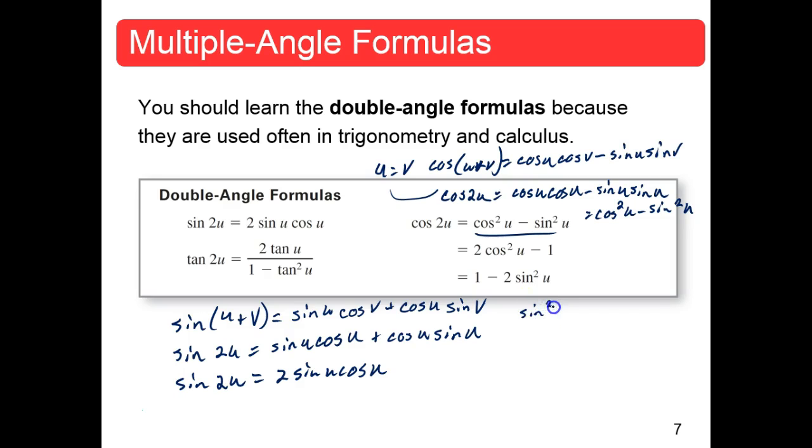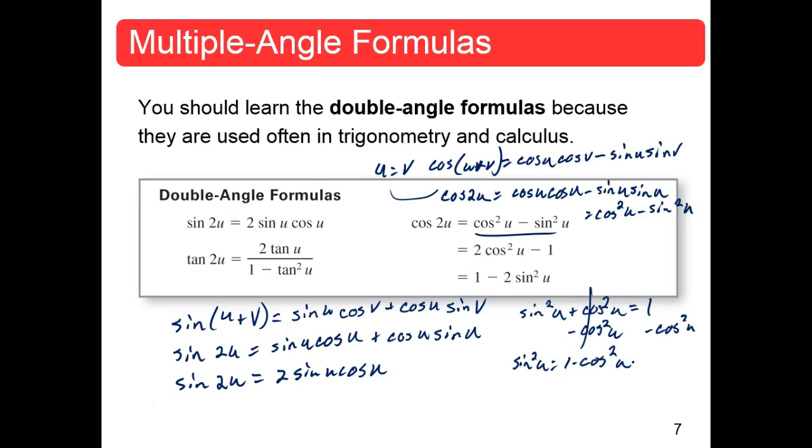Sine squared U plus cosine squared U is always equal to 1. So let's subtract the cosine squared from both sides. And that gives you sine squared U is equal to, these go away, 1 minus cosine squared.